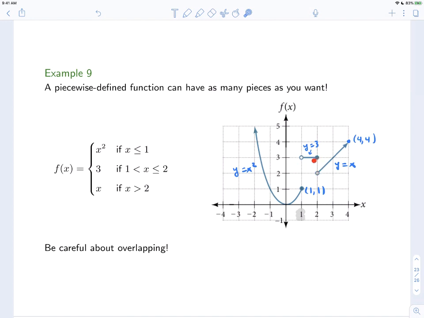Similarly, over here we have the top one filled, so the bottom one has to be empty. The empty circle here just means that we're excluding x equals 2 on this third rule. You can see that x has to be greater than 2 over here. If x is equal to 2, you don't use this rule, you use the previous one. So if x is equal to 2, you don't use the y equals x line, you use the y equals 3 line. So that's what we mean when we say be careful about overlapping.